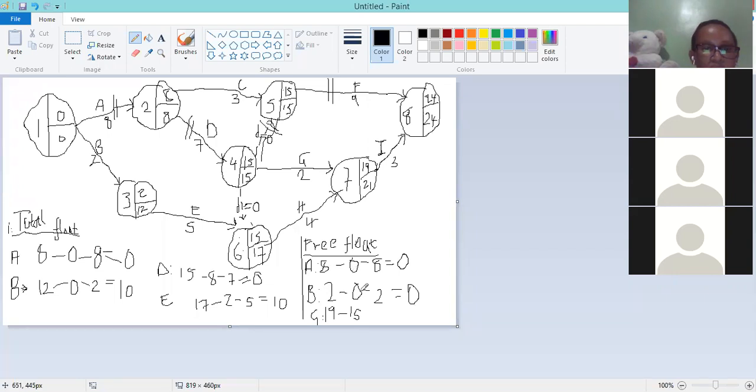Remember, G lies between number 4 and 7. And then we also subtract the duration of the activity in question. So as you can see here, we have 19 minus 15 minus 2, giving us a value of 2. So a free float is not a must to be 0. It can turn out to be anything else, which is actually okay.